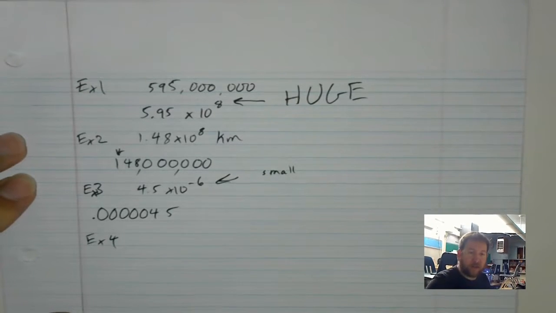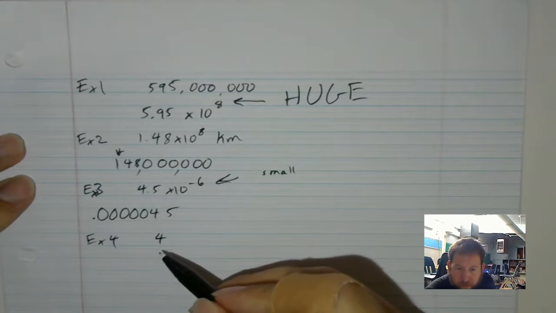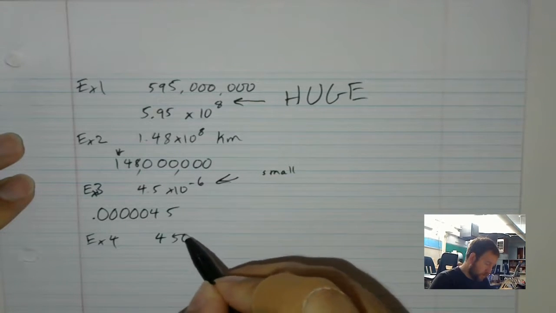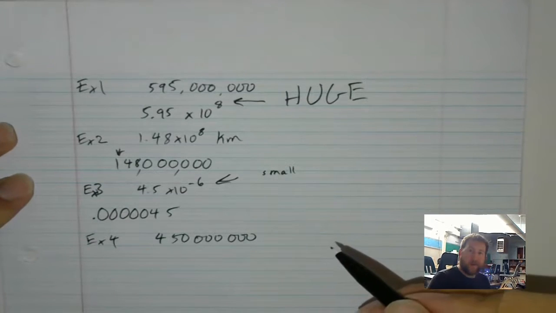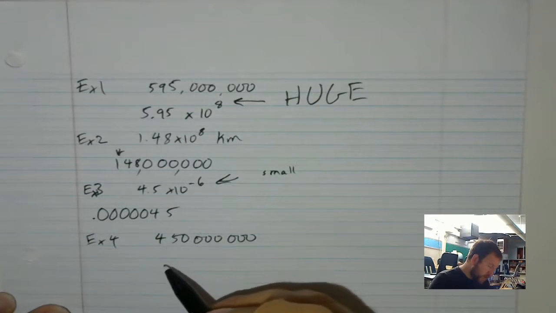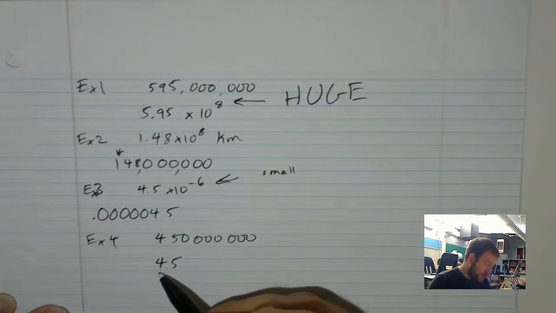Alright, we're going to write this in scientific notation. We have 450 million. First thing, I'm going to put my decimal point right after the first non-zero digit, right up in here.